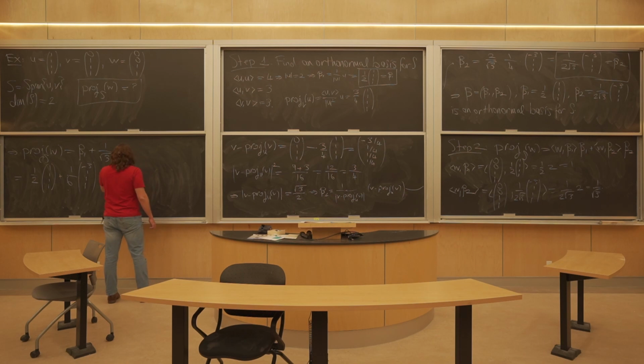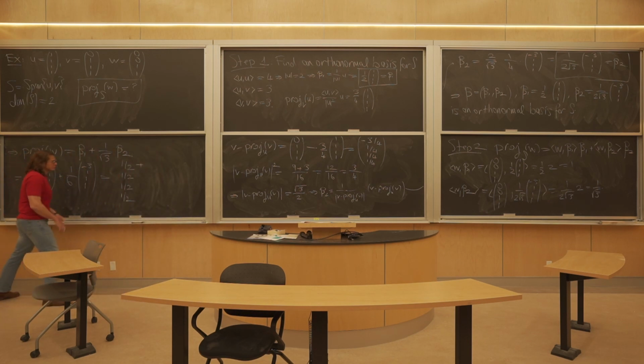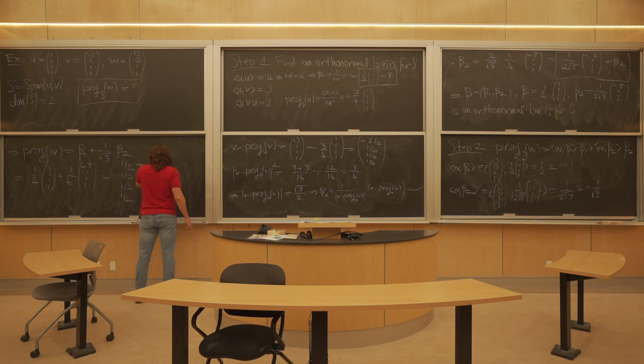So that's 1 over 2, 1 over 2, 1 over 2, 1 over 2. And then plus minus 1 over 2, so that's minus 1 over 2, and then plus 1 over 6s.